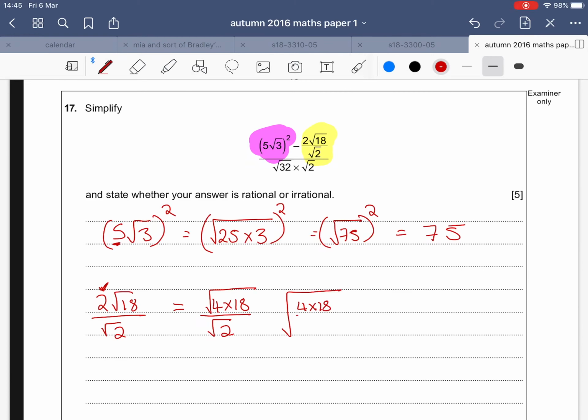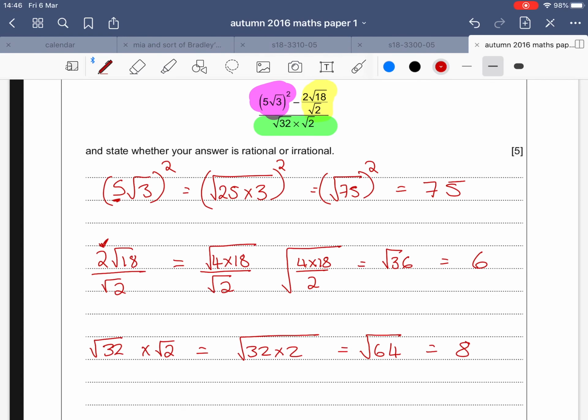So you could do 4 times 18 divided by 2, which is the square root of 36. And the square root of 36 is 6. And then the bottom, root 32 times root 2, is the square root of 64, which is 8.